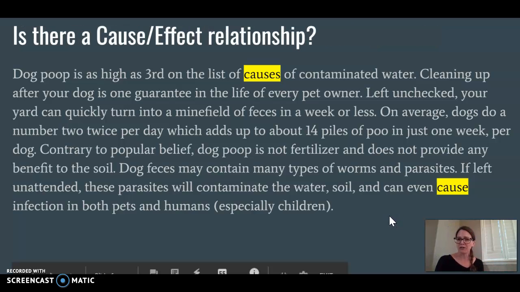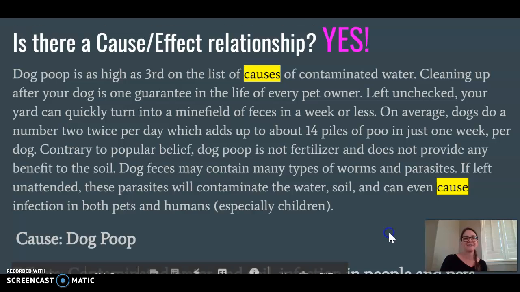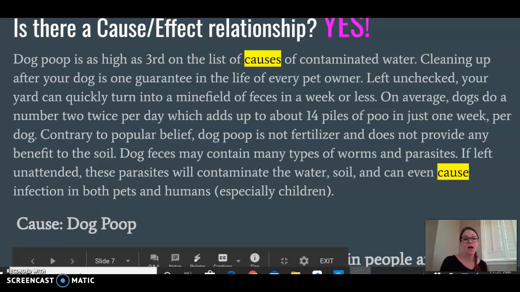So next up, we're going to ask ourselves, can we identify a real cause and a real effect as a result of that cause in the text of this paragraph? Think about it. Maybe even pause the video, see if you can identify the cause and the effect addressed in this paragraph. All right, you've paused, you've analyzed, you're back with me. Yes, this is definitely a cause and effect relationship. And here's why.